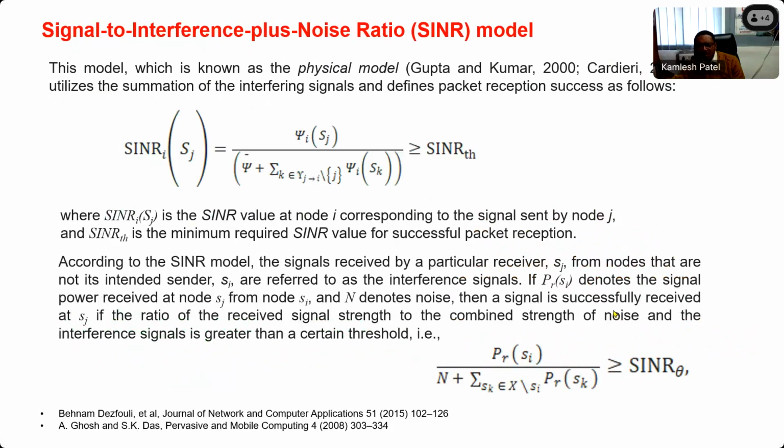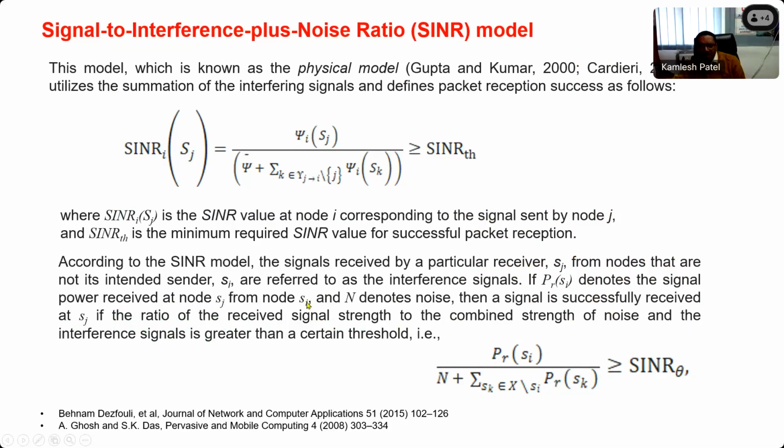So the SINR value defines the quality as well as the data speed of any communication system. Okay, so Gupta and Kumar proposed one physical model for SINR, which is given by this formula, and there is a threshold limit fixed, which is also written in another form, where P_R(S_i, S_j) denotes the signal power received at node S_j from node S_i.